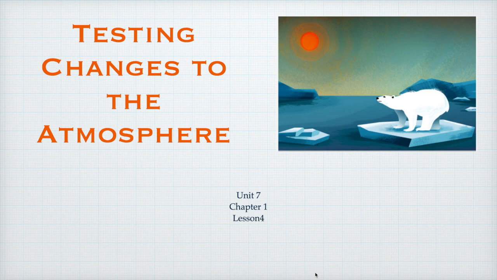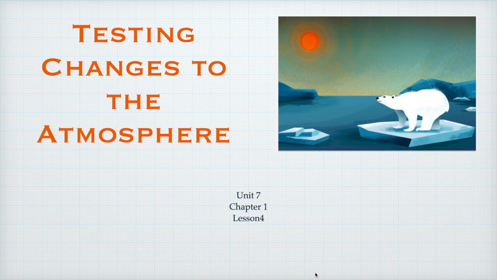So we're going to look at which gases on Earth would cause more absorption of sun today. And we're going to look later on in chapter 2 at what activities humans do that would add to the amount of gases in our atmosphere.